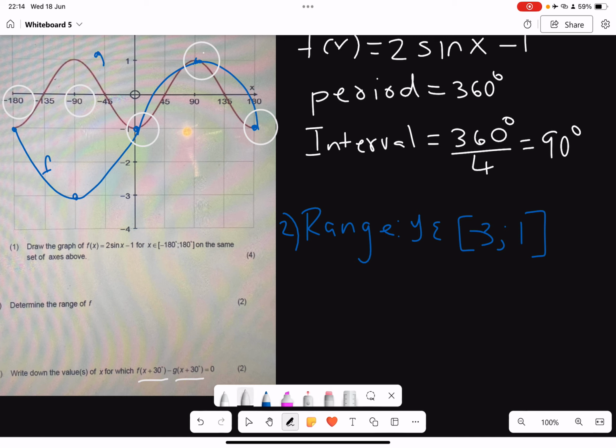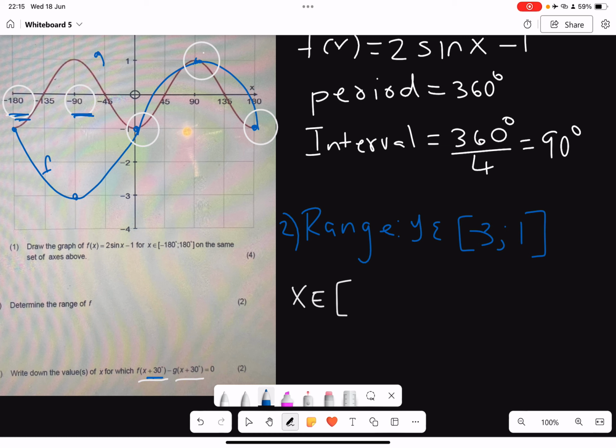So negative 180 minus 30 is x equals negative 210, that is the first one. And then negative 90 minus 30. Actually, let's write it in this form. I'm going to say x is an element of, and then in brackets, minus 180 minus 30, remember moving them to the left. On the equation, to the left you add, but on the Cartesian plane you actually minus.